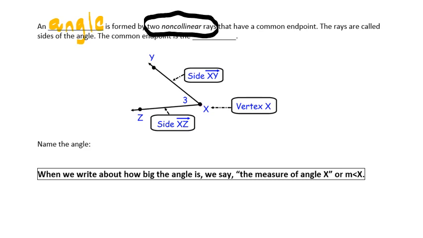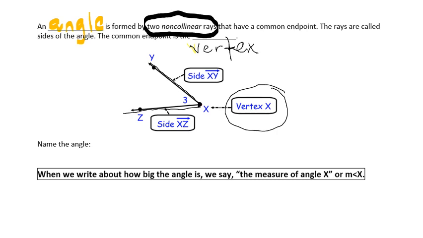When they have a common endpoint, the common endpoint is called the vertex. So that's where the 2 rays come together. Sorry for the sloppy writing. That's this word right here. So here we have ray XY and we have ray XZ, and they both come together at point X.